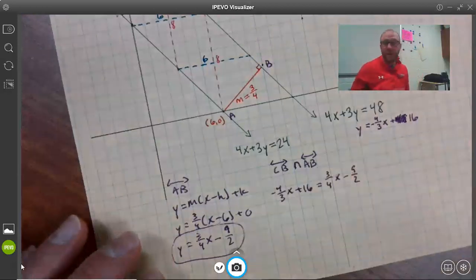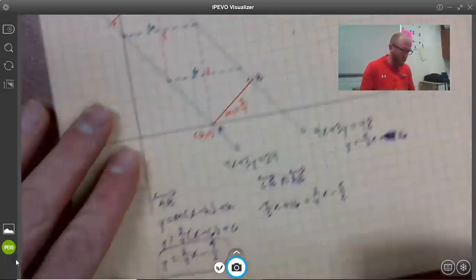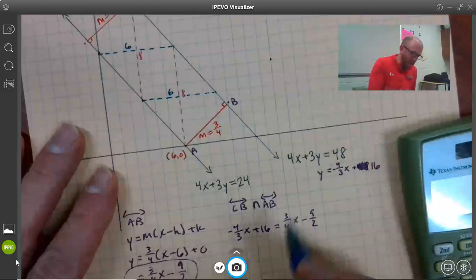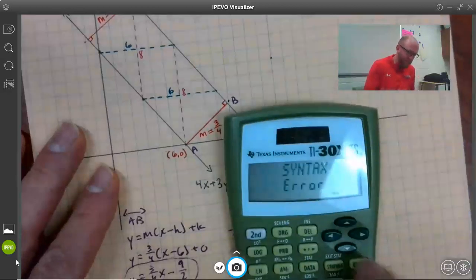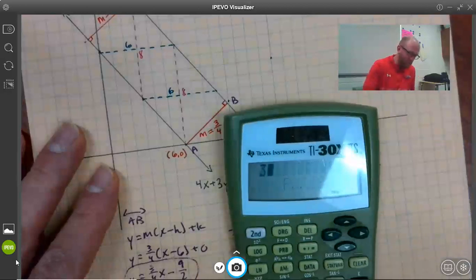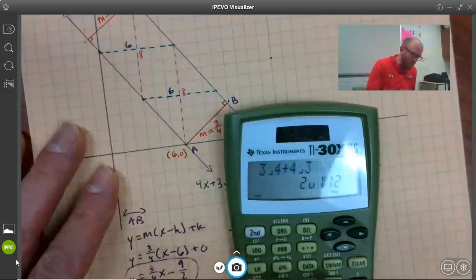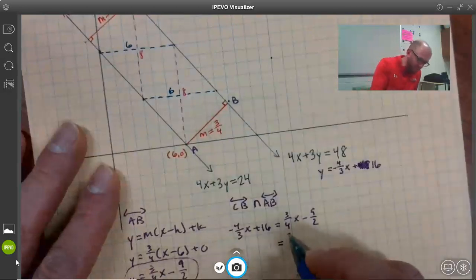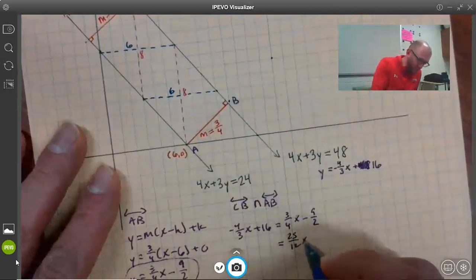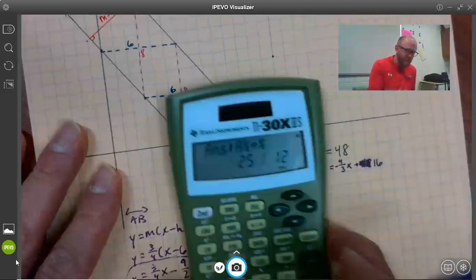And here I'm going to get my calculator out. Let's just pause for a second. Okay, so we'll add 4/3 x to each side. 3/4 plus 4/3 is 25/12, so we have 25/12 x. And we're going to add 9/2 to each side.